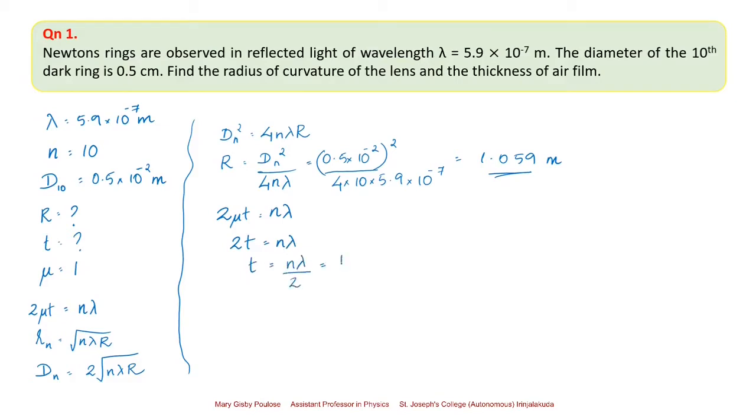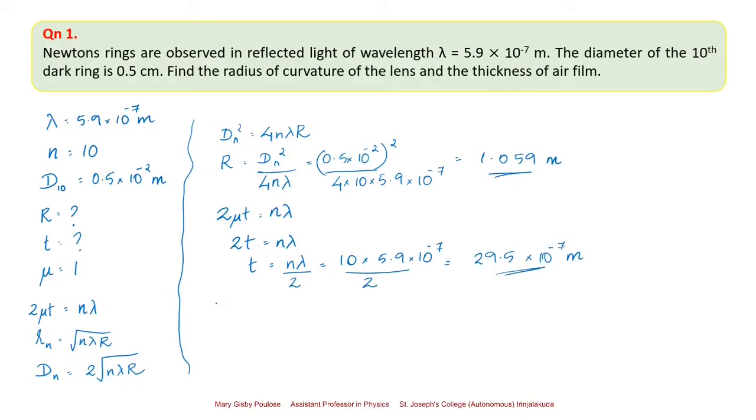Substituting values, we have 10 into 5.9 into 10 raised to minus 7 divided by 2. And you will get the thickness to be 29.5 into 10 raised to minus 7 meters.